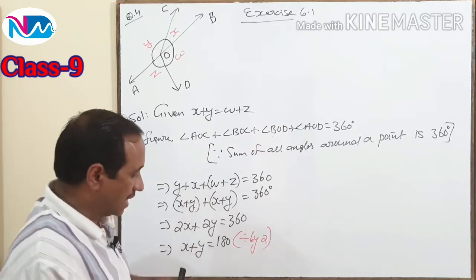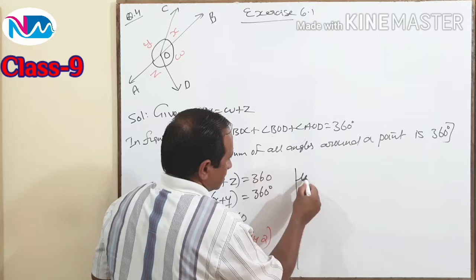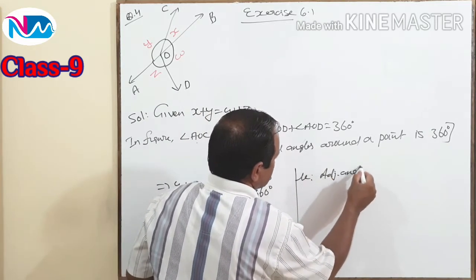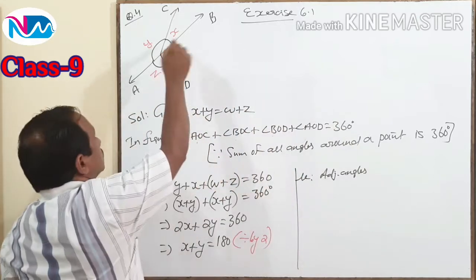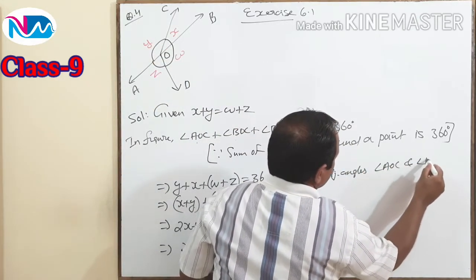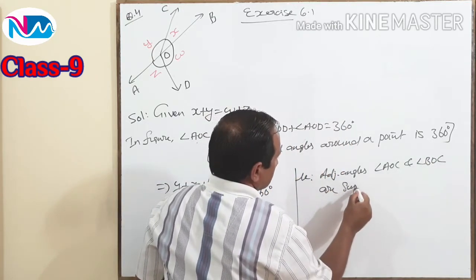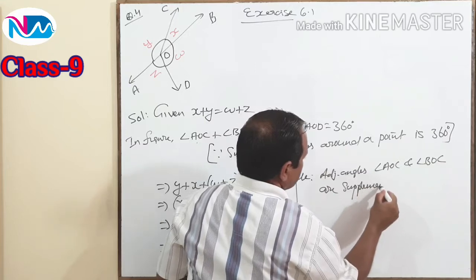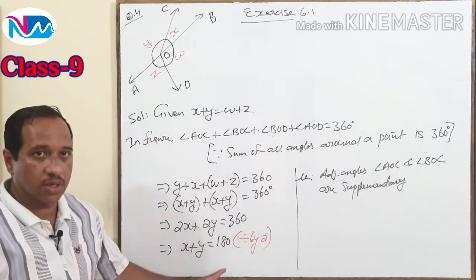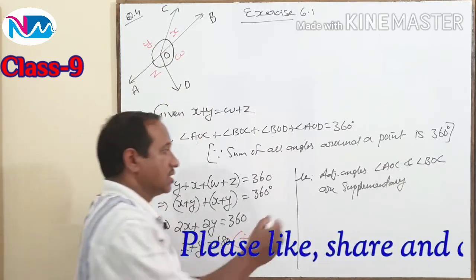So, we can conclude that adjacent angles AOC and BOC, angle AOC and angle BOC are supplementary. x plus y is equal to 180 means that AOC and BOC are supplementary.